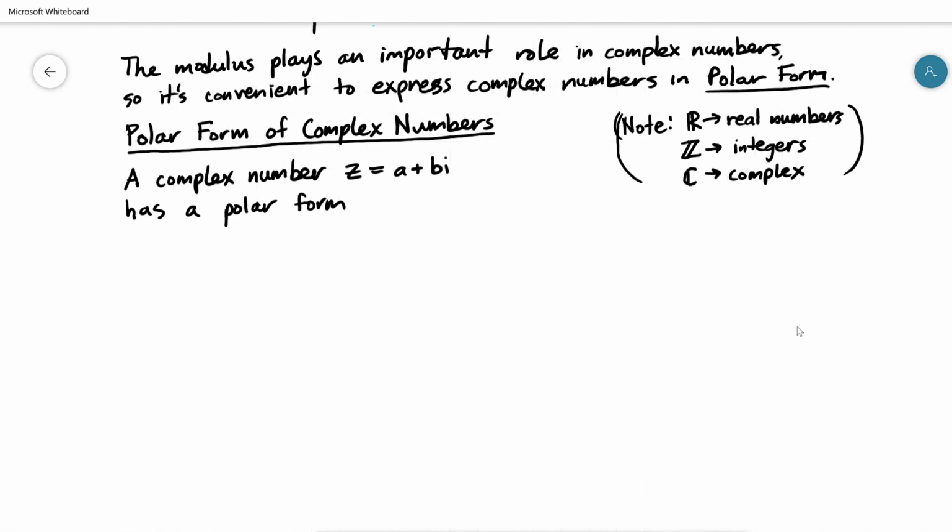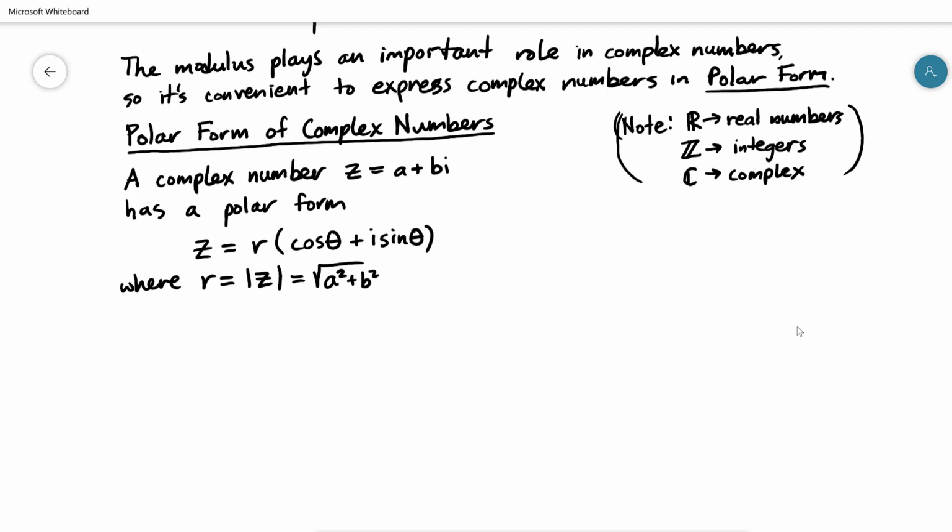So the polar form looks like this. z equals r, where r is the modulus, times cosine of theta plus i sine of theta. So this is how it all relates to trigonometry. This is why we're introducing it in a trig class and not some other algebra class. So this is the form where, just to be totally clear, r is the modulus of z. So it's just the square root of the a squared plus b squared terms.